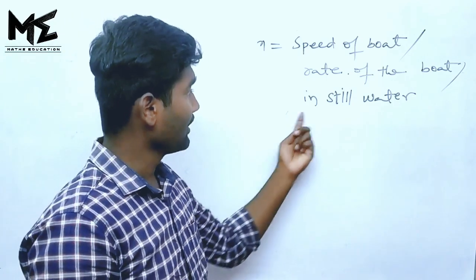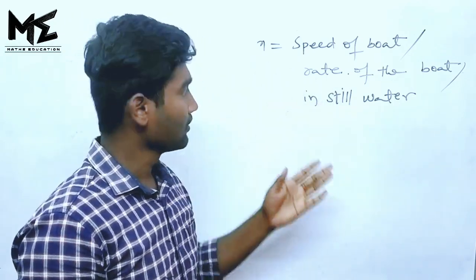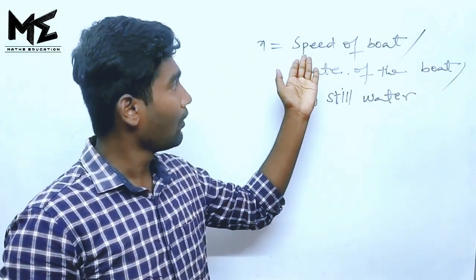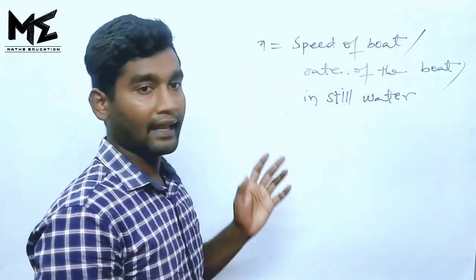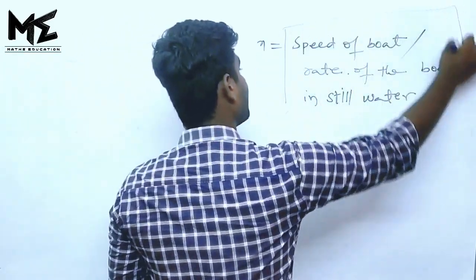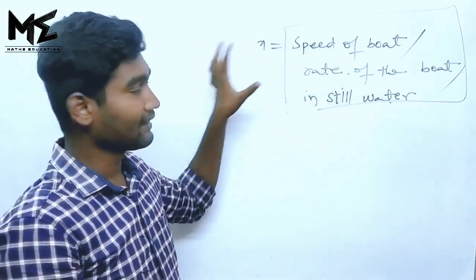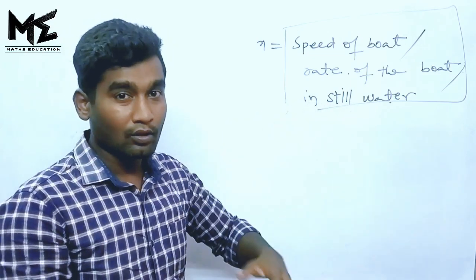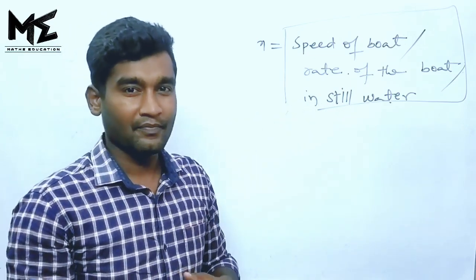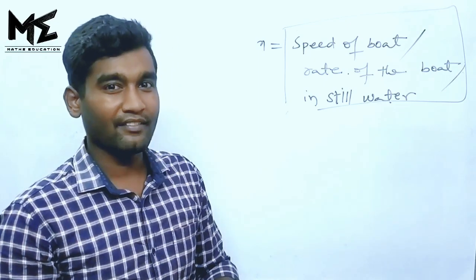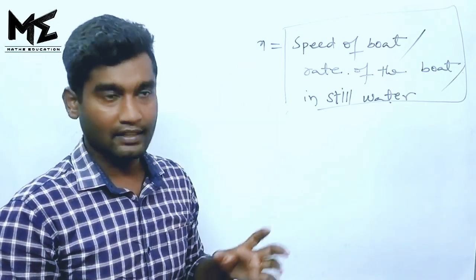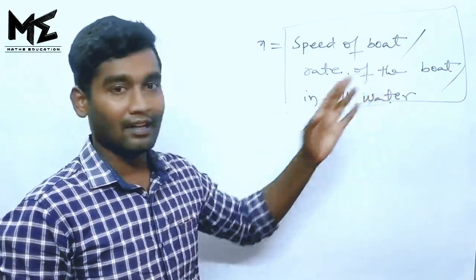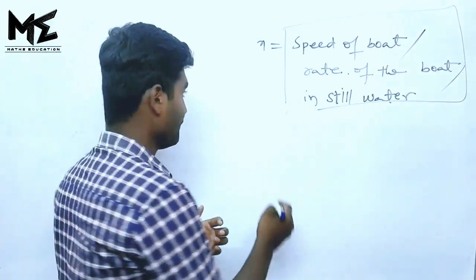In the question, if we have in still water, I will directly take x. If we have rate of boat, I will take x only. If we have speed of boat, directly I will take x. No need to write speed of boat, rate of boat, in still water. It is going to be a waste of time. So directly I will use x equals speed of the boat or rate of the boat or in still water.